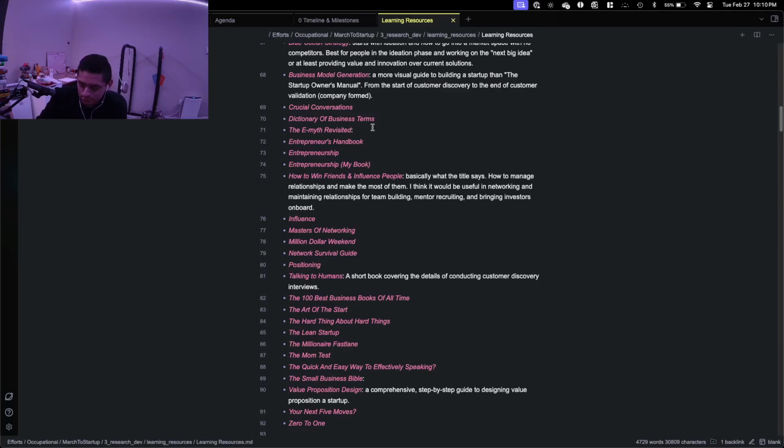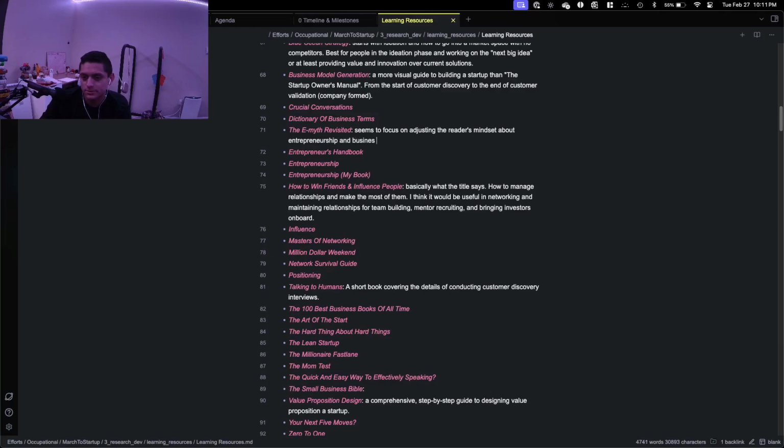It seems to focus on shifting, adjusting, or guiding the reader's mindset about entrepreneur and business on all phases of business development, something like that.